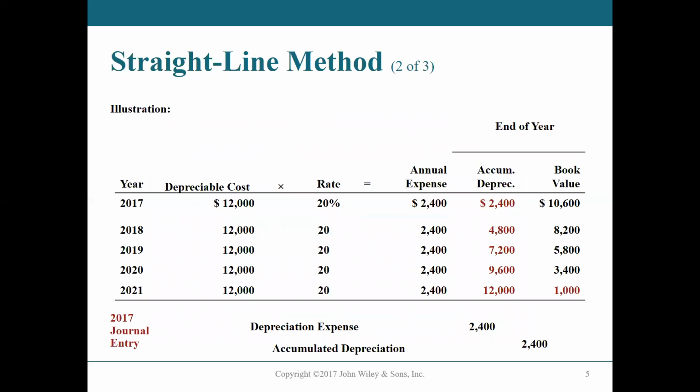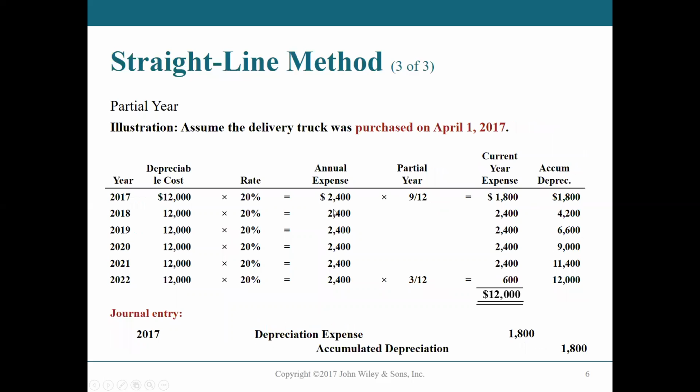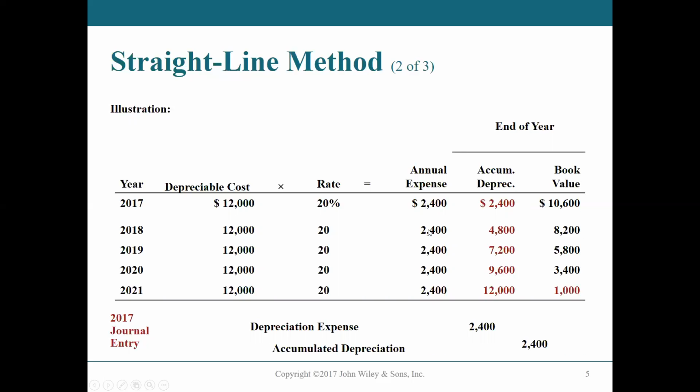So here is a depreciation table. And so you'll see that in the first year, 2017, we're going to depreciate $2,400 each year. And so these columns on here are the annual expense. So each year, at the end of the year, we'll do an entry to record depreciation expense on the debit, and then accumulated depreciation on the credit.